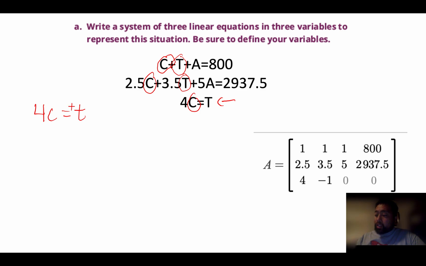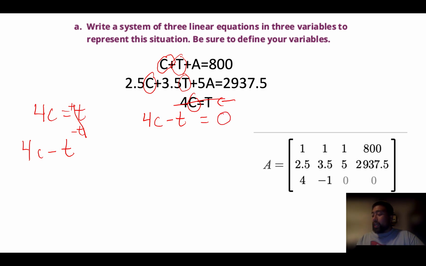What's the opposite of plus T? Minus T. So then it would be 4C minus T. So the new equation over here, I would look at as 4C minus T equals 0.